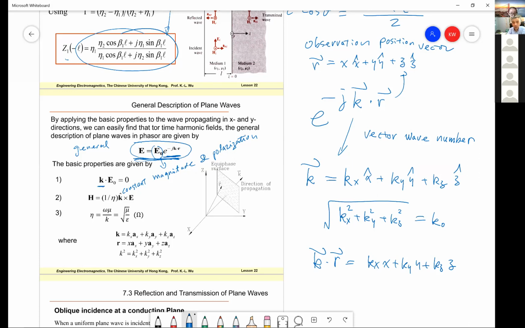Then we had an assignment. With the electrical field in this expression from Maxwell equations, you can justify that the propagation constant K is always perpendicular to the polarization vector of the electrical field. And also the magnetic field. To determine the magnetic field, you know the propagation direction, because I write K as K times the K vector, where K is the magnitude, so this is a unit vector.